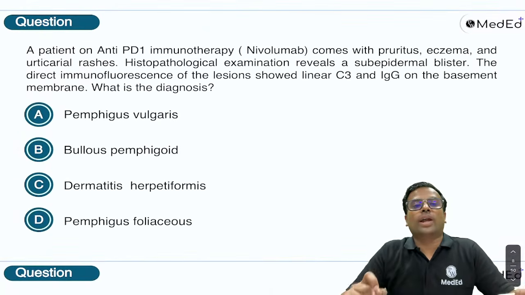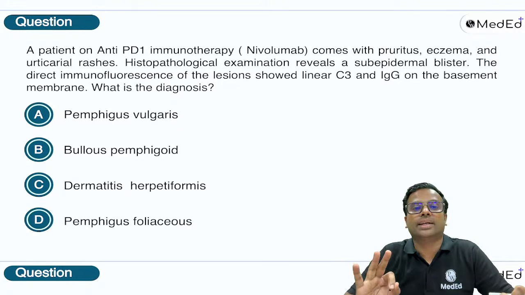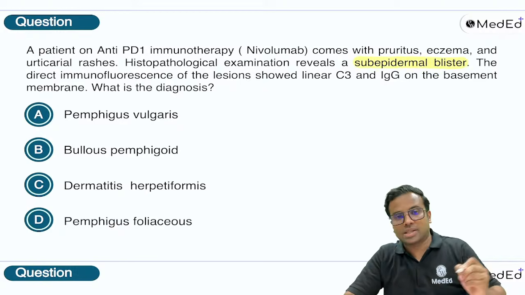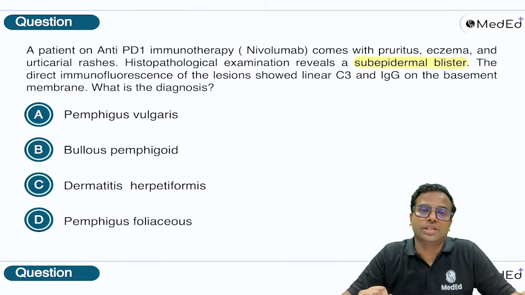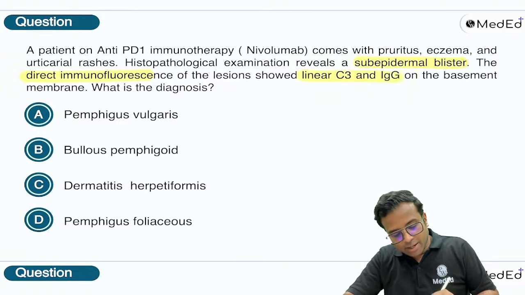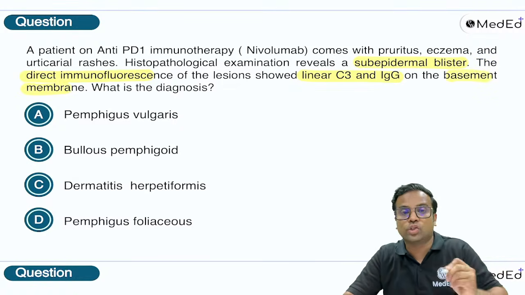A patient on anti-PD1 immunotherapy comes with pruritus, eczema, urticarial rashes. Histopathological examination reveals a subepidermal blister. The DIF of the lesions showed linear C3 and IgG on the basement membrane. So you can see that in the DIF there are linear deposits of IgG and C3 over the basement membrane zone.